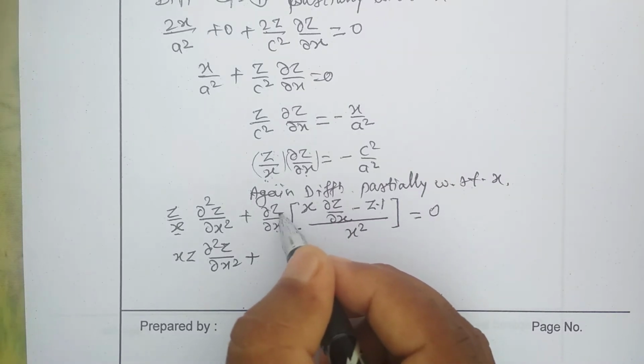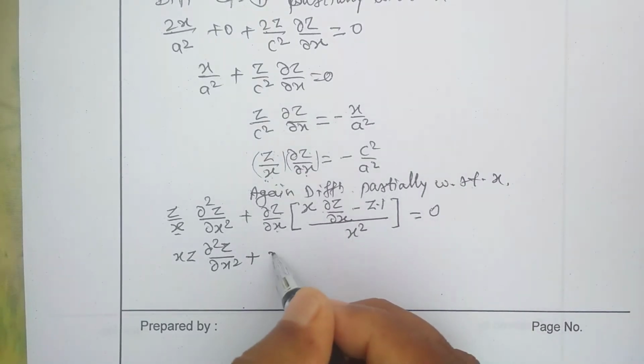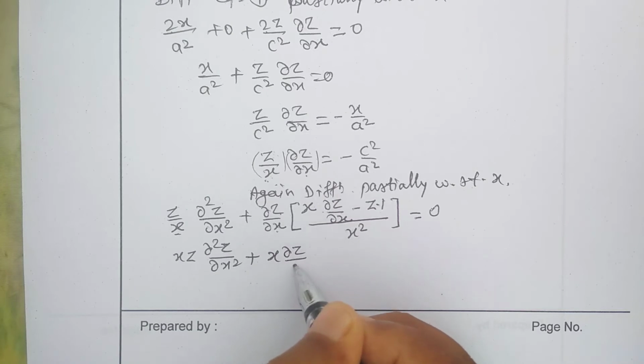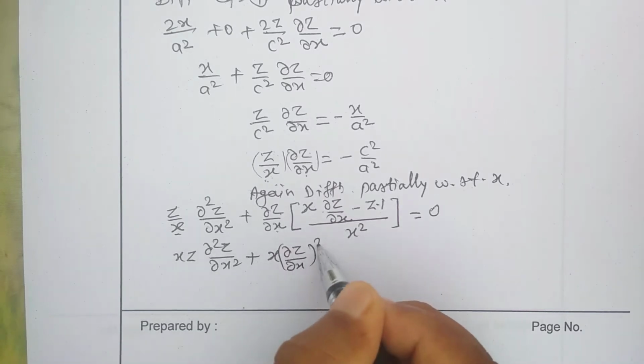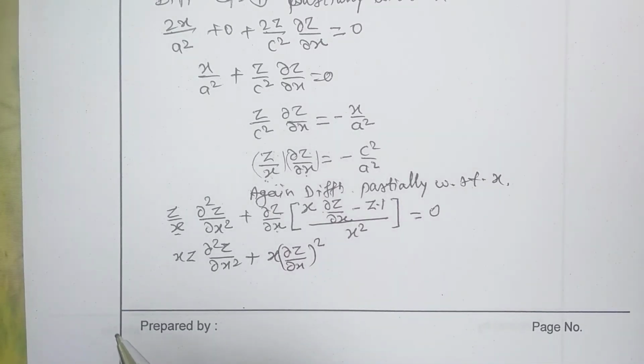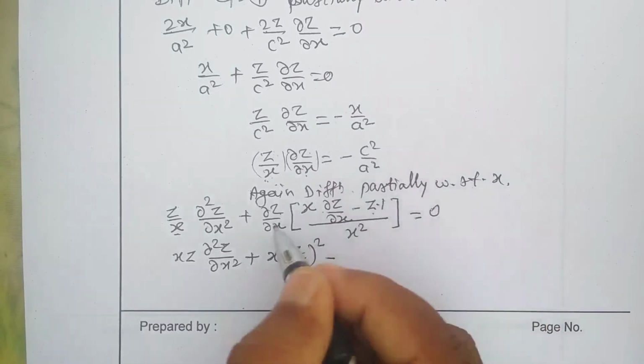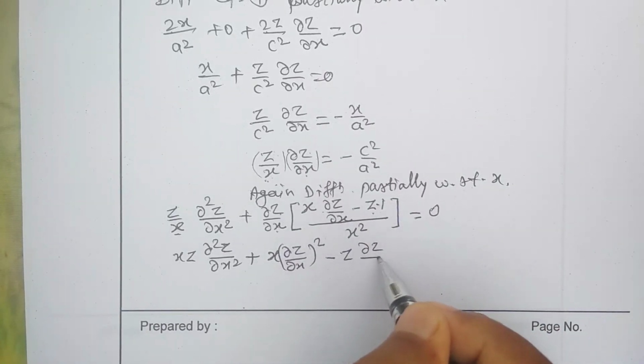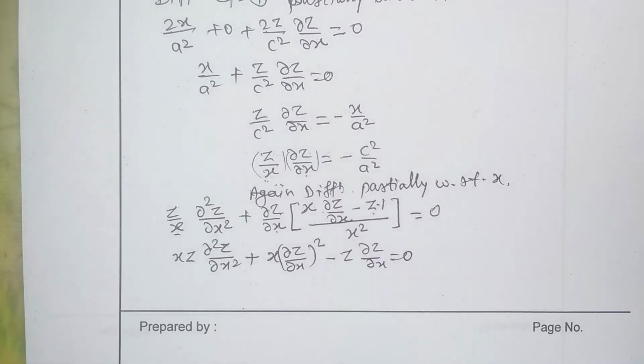If you multiply del z by del x with the numerator, you will get x into del z by del x into del z by del x, that is x times del z by del x whole square, minus z into del z by del x is equal to 0.